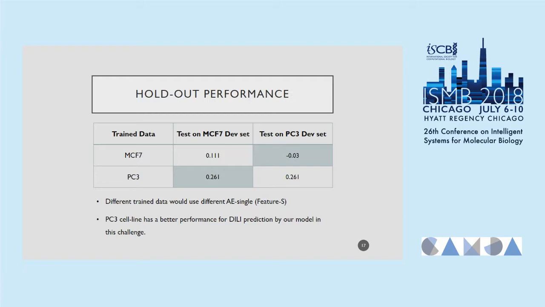Also, it is very interesting that the PC3 model has an equivalent performance on the MCF7 dataset, and it is even better than when you use MCF7 to train the model. So that's why I will only use PC3 to train the model and submit the prediction result on the test set later on.